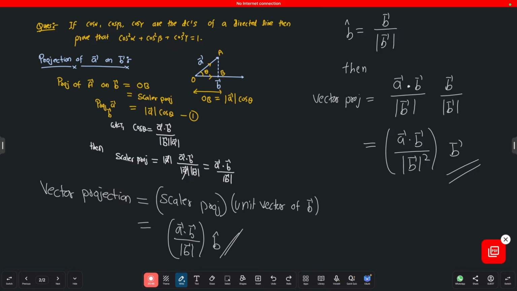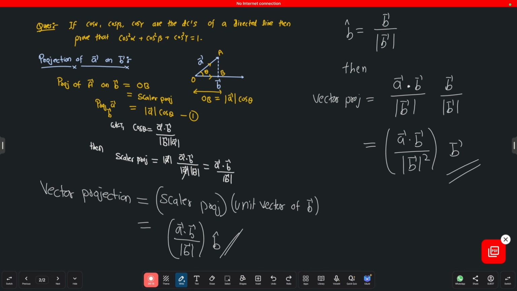Now, can projection be negative? Tell me the answer. I said projection means shadow, and you will think shadow means length, and length is not negative. But in vectors, scalar projection can be negative.